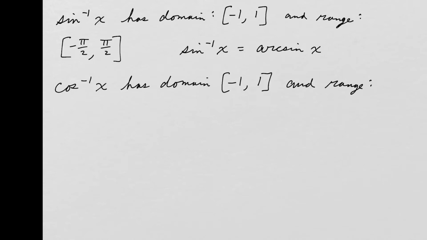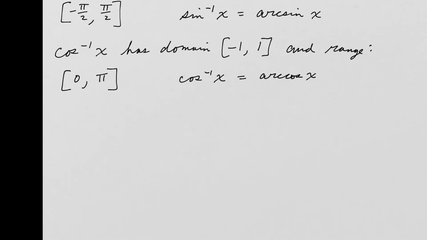In this case, it's going to have range 0 to pi. And another name for that inverse function, inverse cosine, is also called arc cosine of x.